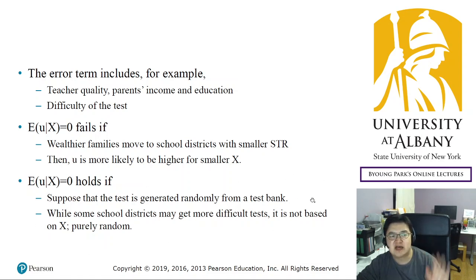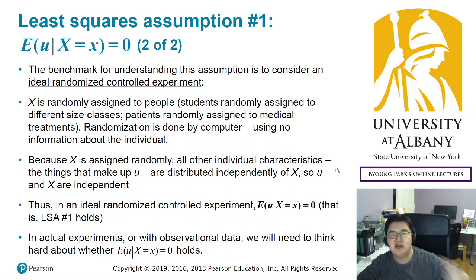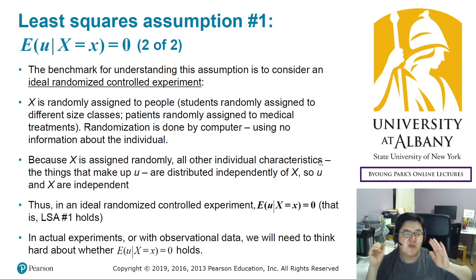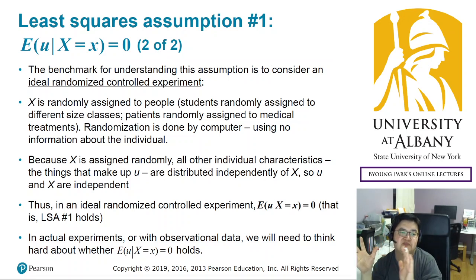So if you randomly assign the student-teacher ratio to different school districts, then wealthier families have no choice. They have to accept a large class, and even poor families may have a chance to be in a smaller class. So in that sense, no matter how rich or how poor your family is, the probabilities are the same. So in that sense, it is random, and the error term is conditionally zero.